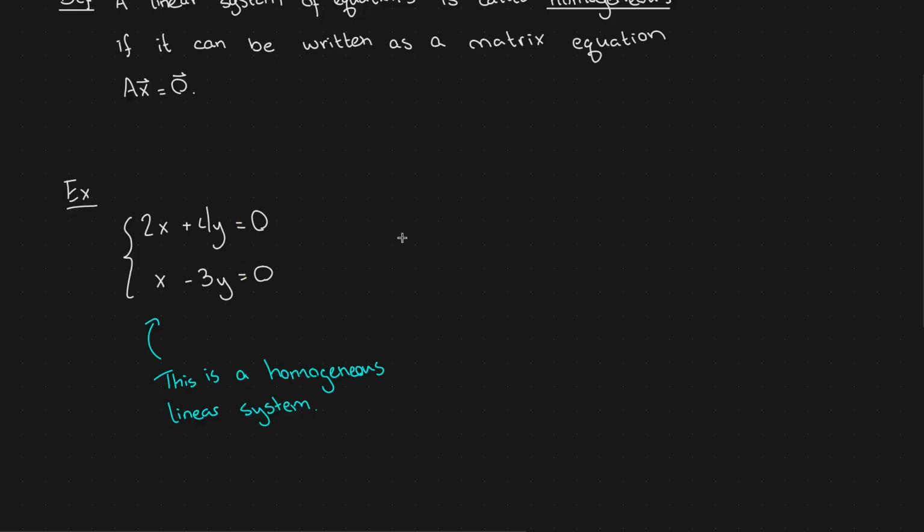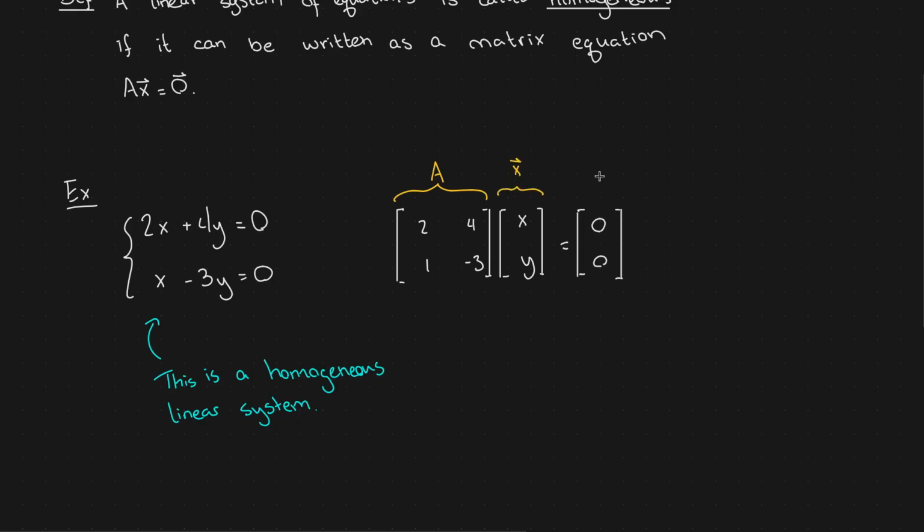If we rewrite this as a matrix equation, our coefficient matrix is [2, 4; 1, -3]. Our variables are x and y. And on the other side of the equal sign, we have 0, 0. So this is A, this is vector x, and this is vector 0.